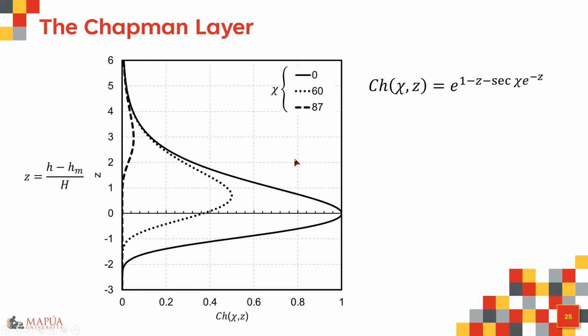The solid line is for the zenith angle equal to 0, the dotted line is for 60 degrees, and the dashed line is for 87 degrees.